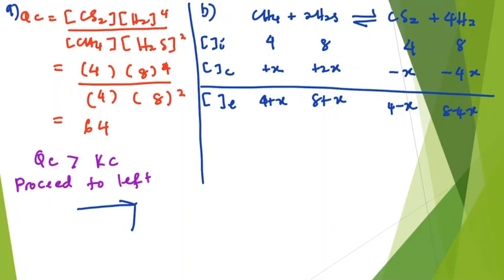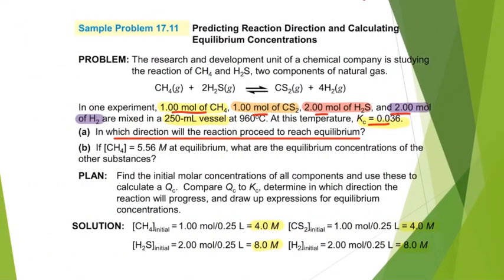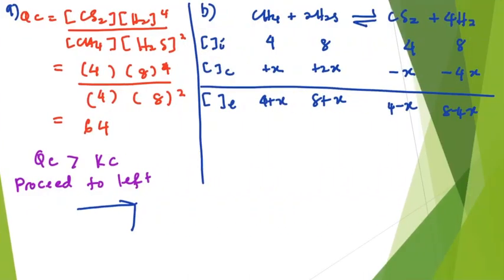Okay, and then we have to solve for x to get the concentration at the equilibrium, but the information that we get in the question is the concentration of CH4 at the equilibrium is 5.56. So CH4 concentration at the equilibrium, 4 plus x, is equal to 5.56.